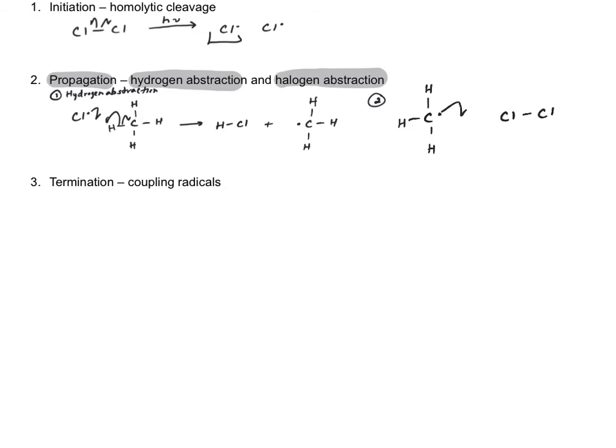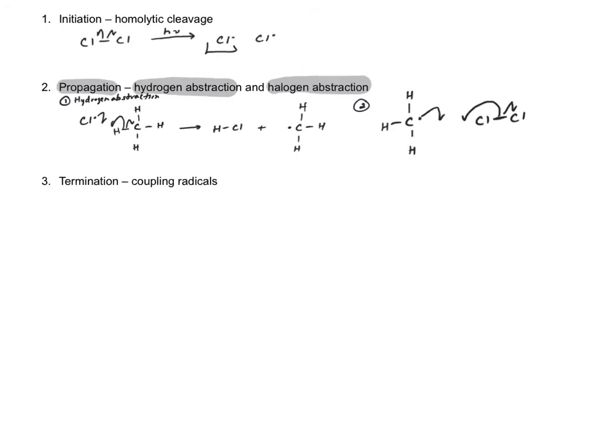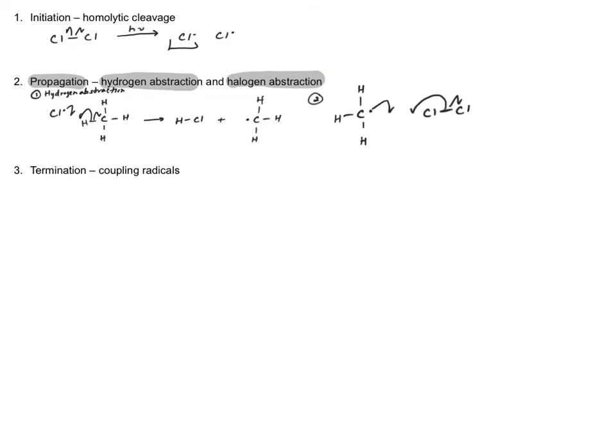So again, we've got this radical going to form this bond. We've got the other part of the bond coming from our chlorine-chlorine bond, and then that's going to leave behind that one electron on the chlorine. So as a result of this, we get our chlorinated methane, our methyl chloride, which is the product we want, and we also get another chlorine radical, okay?